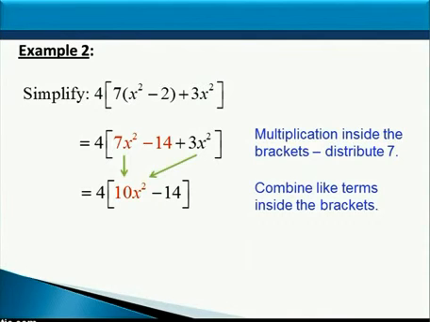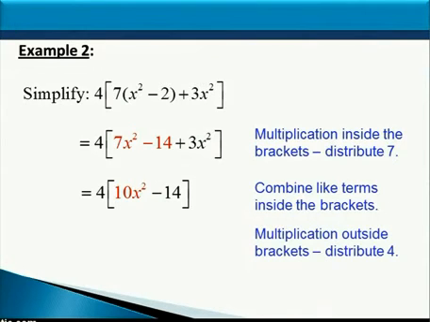So now inside the brackets, notice that we have terms that are not like terms, so we can't actually perform that subtraction. So we move outside the brackets now and look at the multiplication of 4. Now 4 is being multiplied times an expression inside brackets, so we need to distribute.